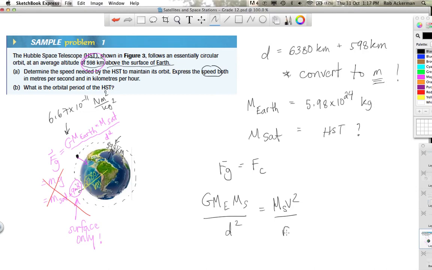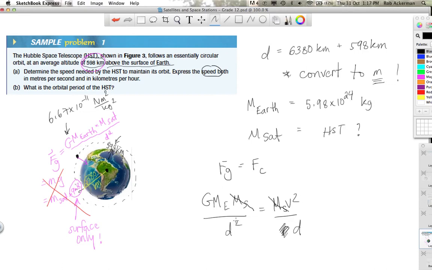What about r? Is that the radius of Earth? It looks like it. It's the letter r. But no, remember, r is the distance from the center of rotation, which is the center of Earth here, and the path. So this r is actually the same as d, so I'm just going to put that in there. And of course, the mass of the satellite occurs on both sides of the equation. It's a common factor. It cancels.